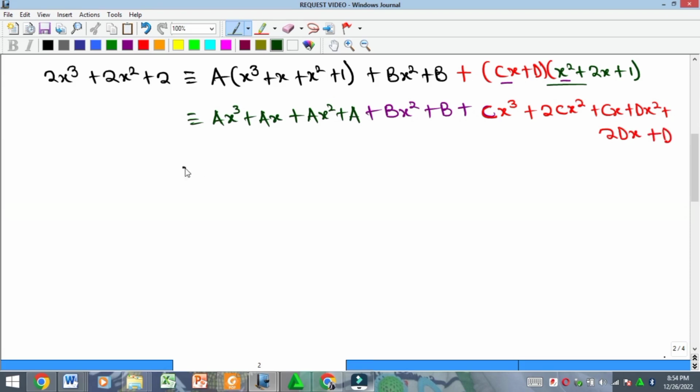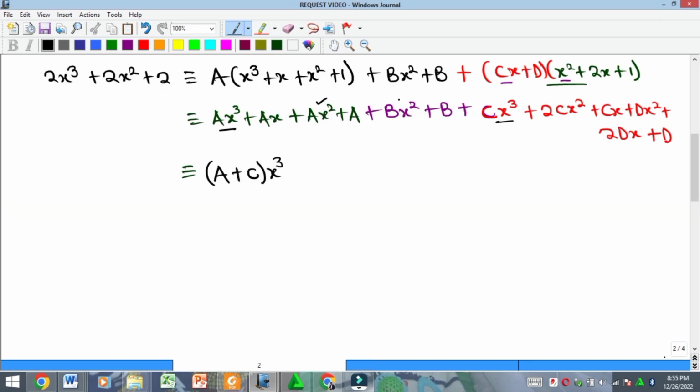Collect like terms. Let all that contain x cubed be in one bracket, and the same thing for others. So this one has x cubed, this is another one that has x cubed. So I will factorize, put the coefficients in one bracket. So I have a plus c, and then bring out the x cubed. And then I'll go for x squared.